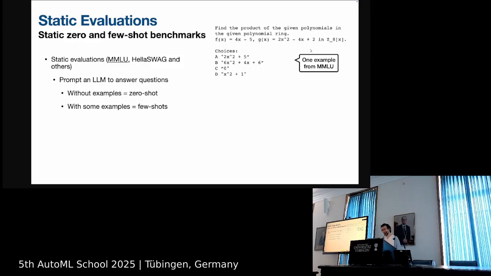Who thinks it's A, B, C, or D? Maybe you can read the question for 10 seconds and think. Who thinks the answer is A? Who thinks the answer is B? C? No one? Oh, you think it's C? Okay. And D?